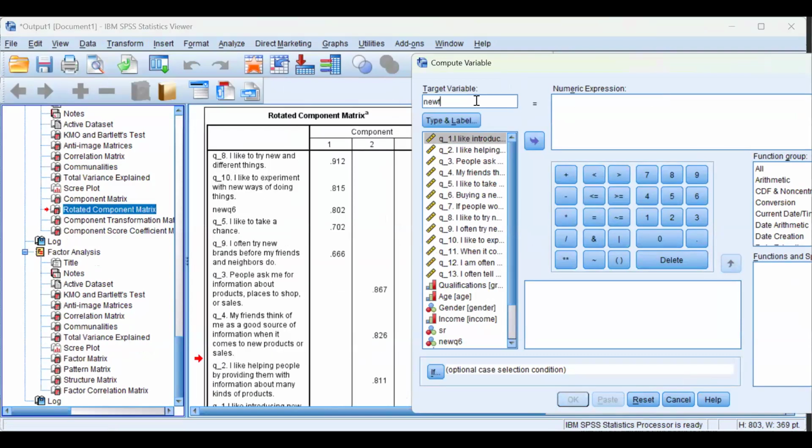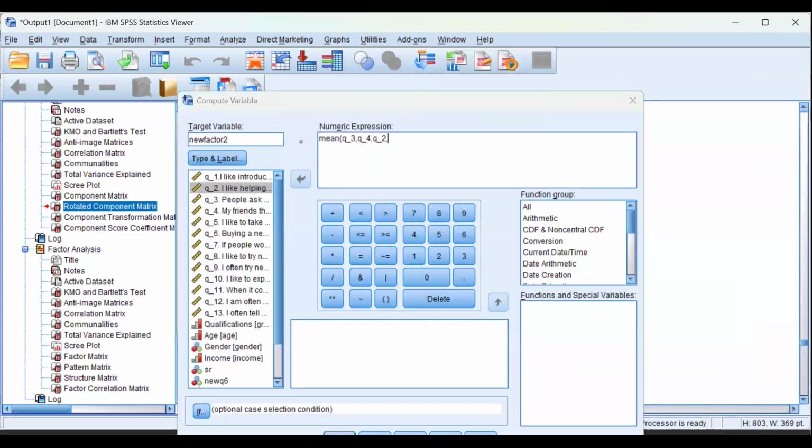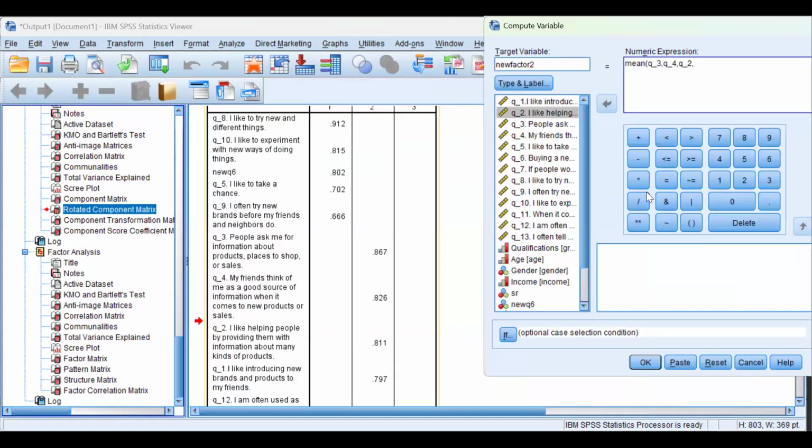We'll say new factor 2. And again, I will have mean here. And what are they? Q3, 4, 2. And Q1. Okay.